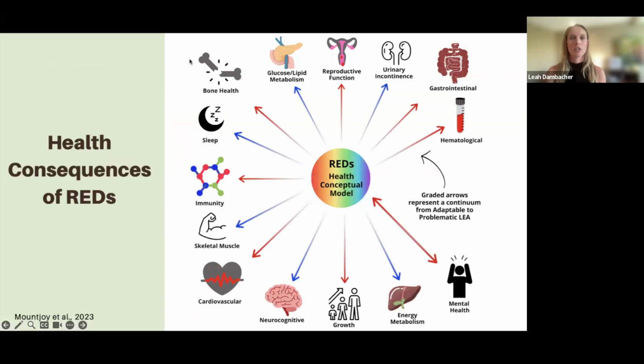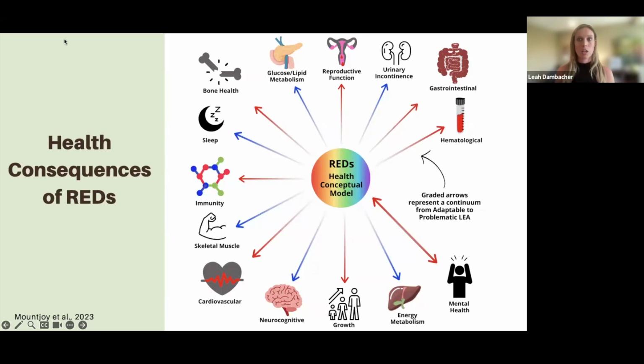And this graphic touches on many of those health consequences that you might see in your athletes if they do not have sufficient energy availability. So we might see some reproductive function. So again, that menstrual dysfunction, or potentially an athlete in their junior or senior year of high school who has not started their period yet, when we know that by that age, it is a normal body function, and that should have happened by then.